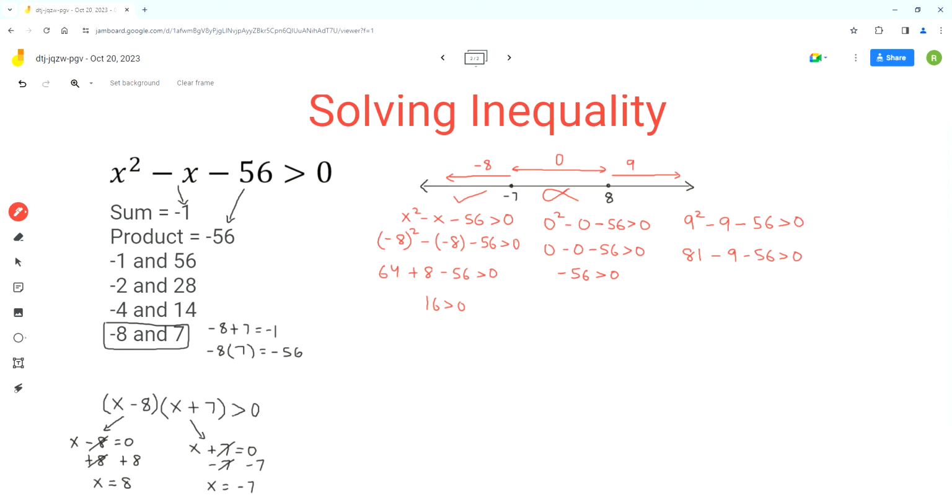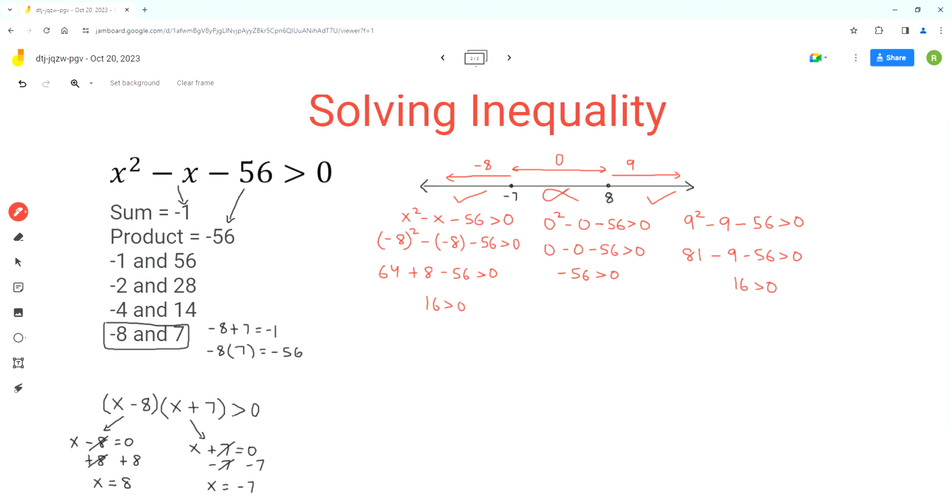And now we have to combine these numbers. So 81 minus 9 is 72. And then 72 minus 56 is 16. And 16 is greater than 0 because it's a positive number. The inequality is satisfied in this part of the number line. So therefore, this inequality holds true in two parts of the number line.